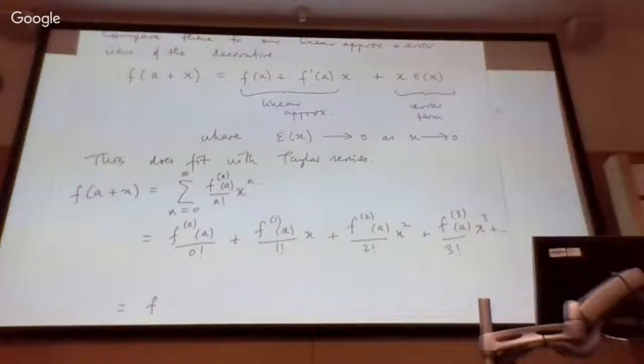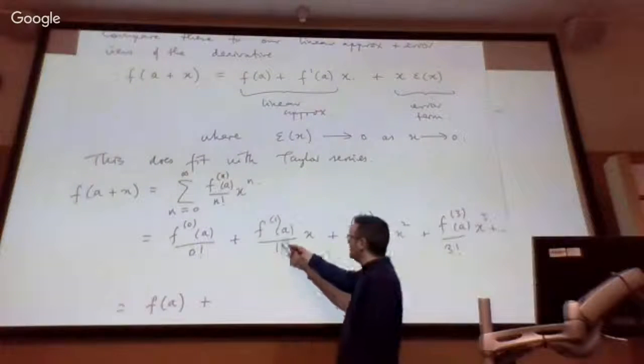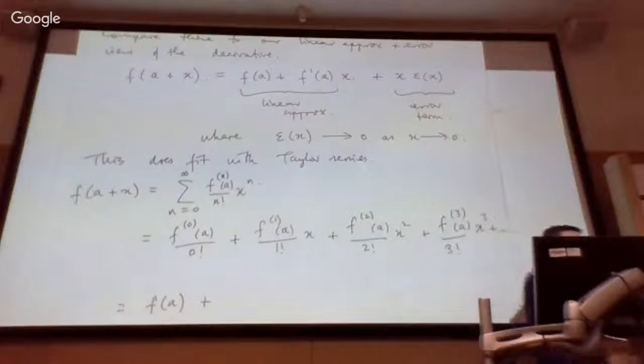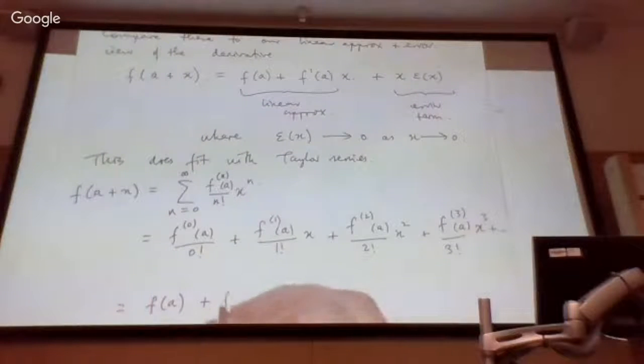So by convention, 0 factorial is defined to be 1. So this first term is simply f of a. The second term, well, 1 factorial is 1, and then we've got the first derivative of f evaluated at a times x. So we again see exactly our linear approximation.